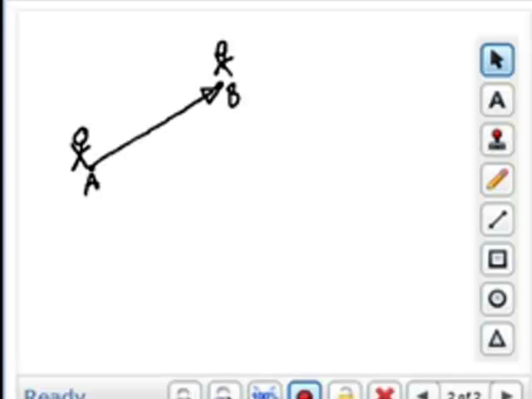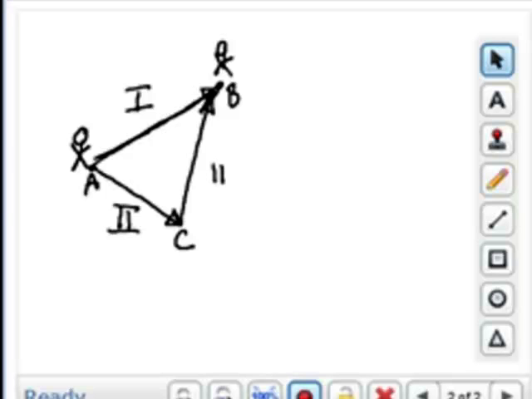Now I could go from point A to point B in infinite ways. I could go along a straight line following my vector, or I could go through point C, and then I could go through point B. Right? So I could use path 1, or I could use path 2 plus path 3.